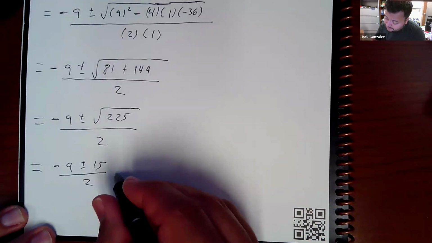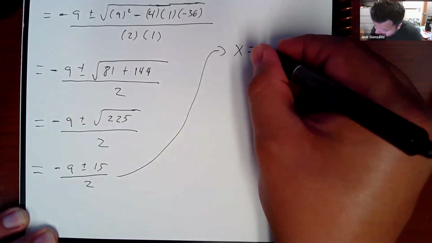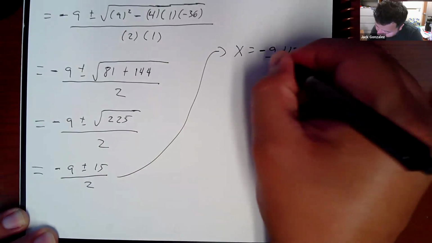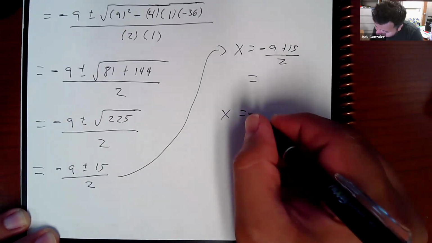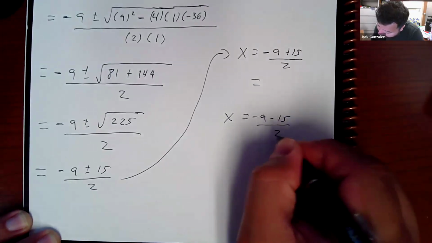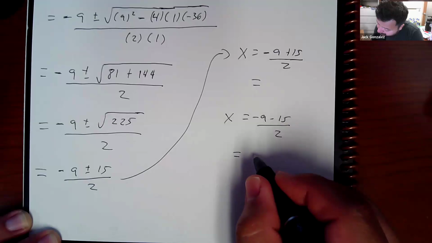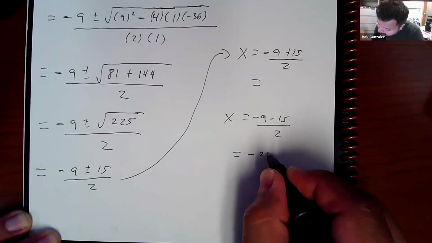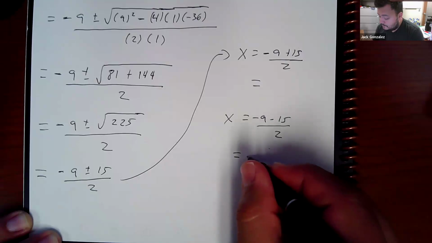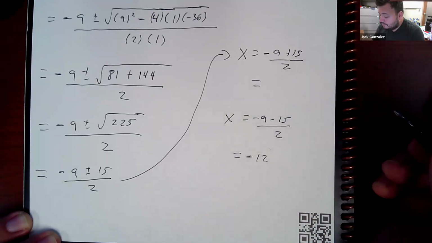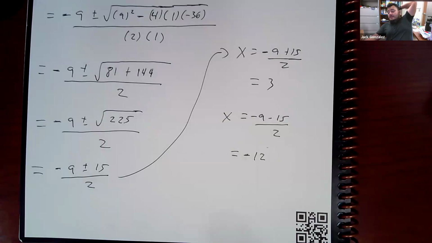Because I'm out of space, x equals -9 plus 15 divided by 2, which becomes 3, and x equals -9 minus 15 divided by 2, which is -24 over 2, so -12. I ran out of space, so you're gonna get 3 and -12.